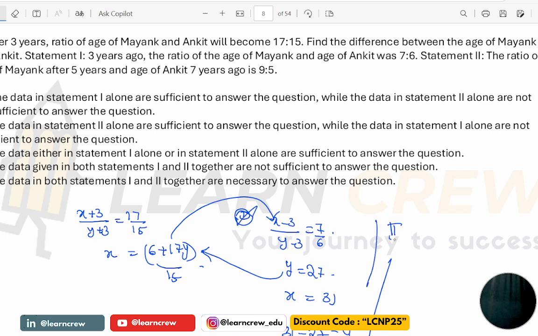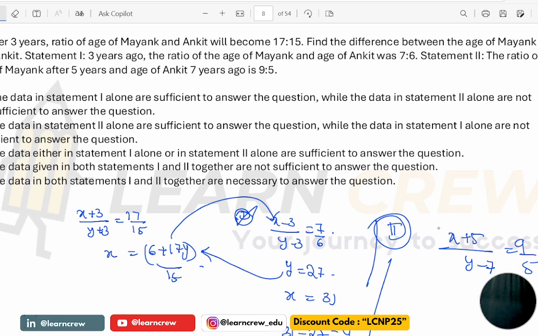Please check for 2. What is given? The ratio of the ages of Mayank after 5 years and Ankit 7 years ago. So it is x plus 5 divided by y minus 7, which is 9 by 5.